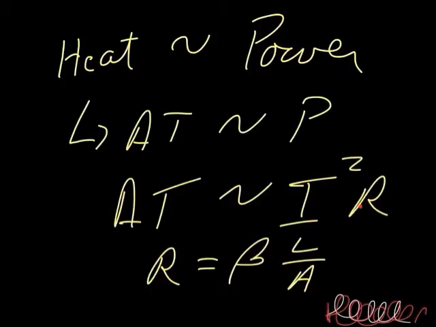Make R bigger, I can get more out of my current. I'm also going to use more power. So how do we do that? Well, resistance is resistivity, some constant, times the length of the beam divided by the cross-sectional area. And that works for wires too. These are all first-order approximations, but they're pretty good relationships. But you can see if I make the cross-sectional area of the beam smaller, I can increase the resistance.